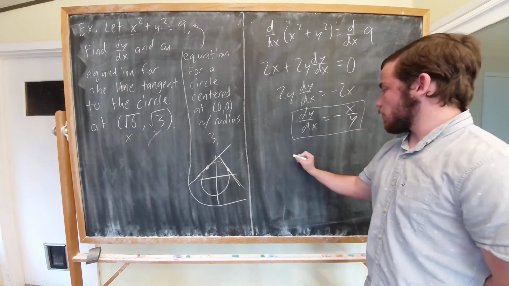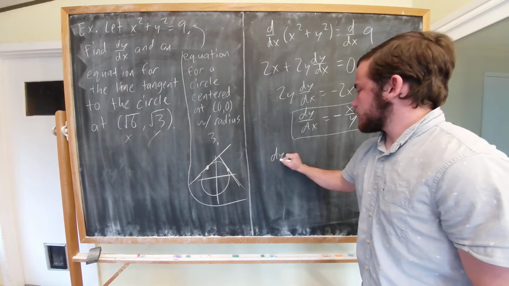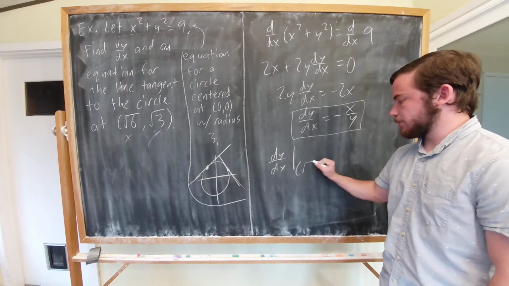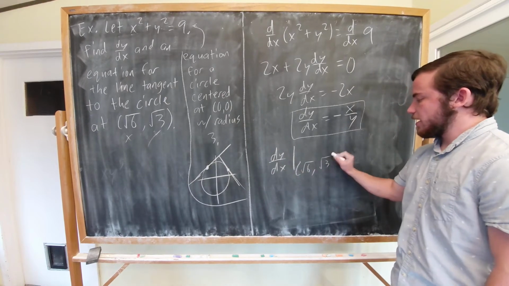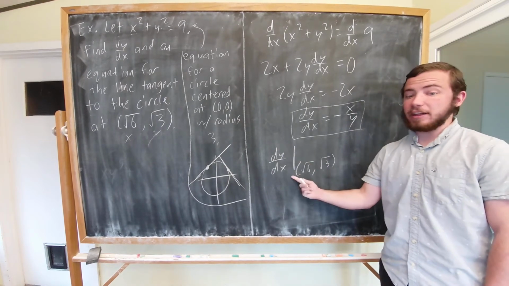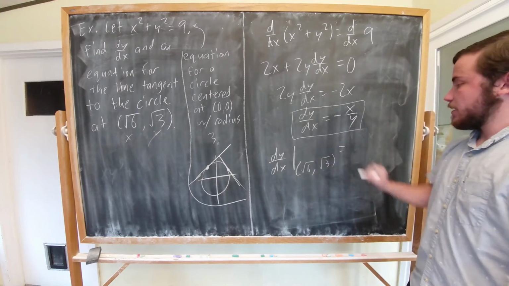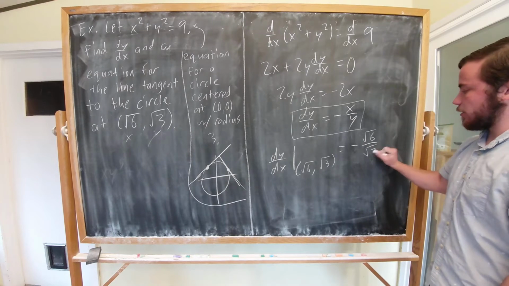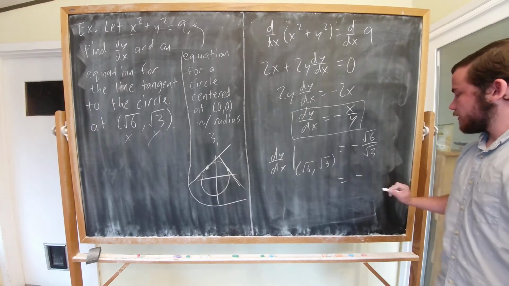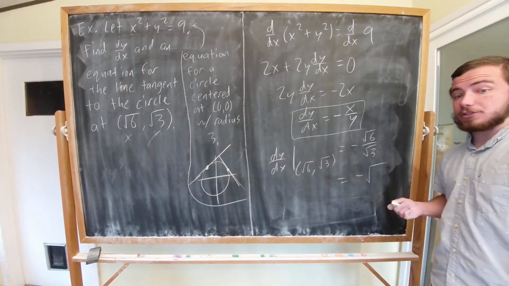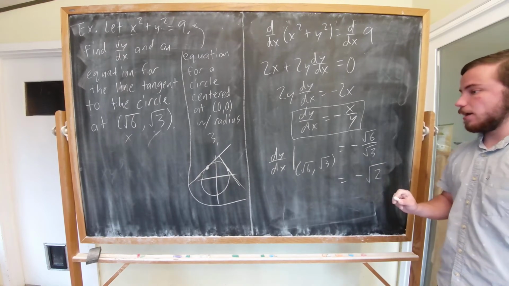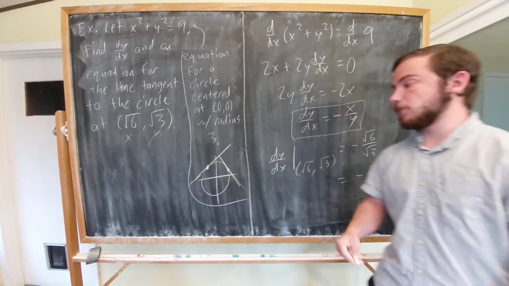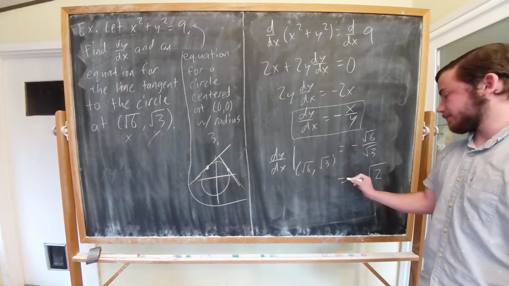So dy/dx evaluated at the point square root of 6, square root of 3, where this notation just means evaluated at, is equal to negative square root of 6 divided by square root of 3. Based off our laws of radicals, that is negative square root of 2, which kind of makes sense, right? It's a negative slope, bigger than 1, or negative 1.